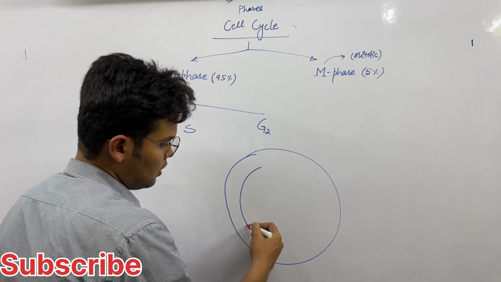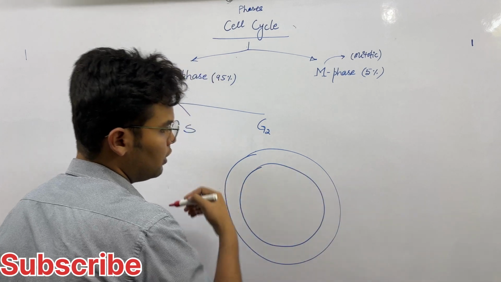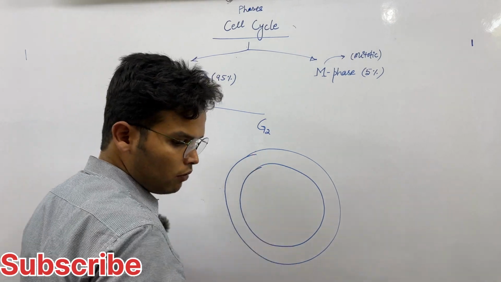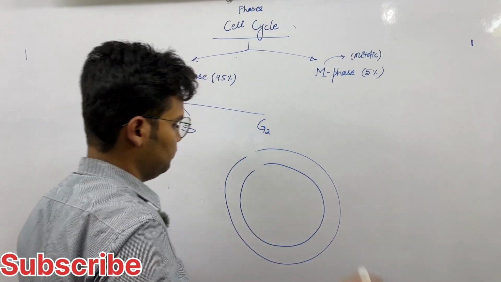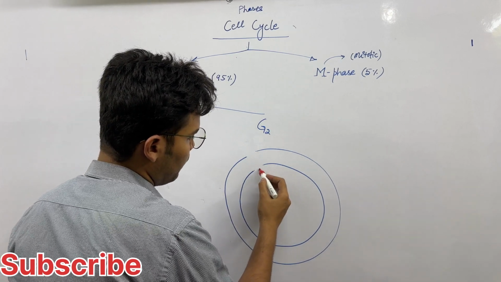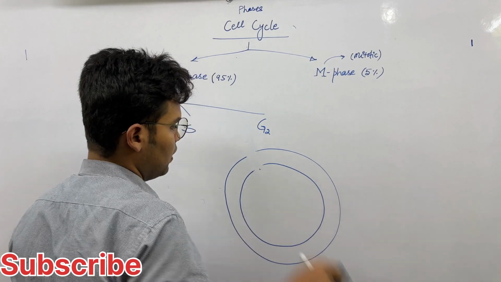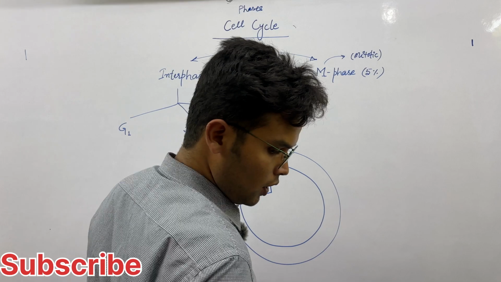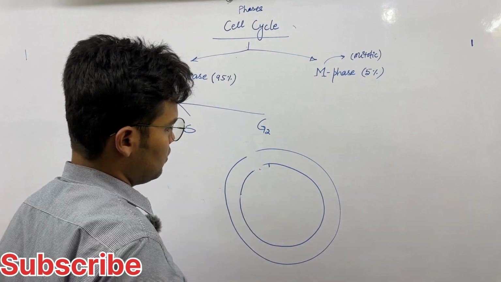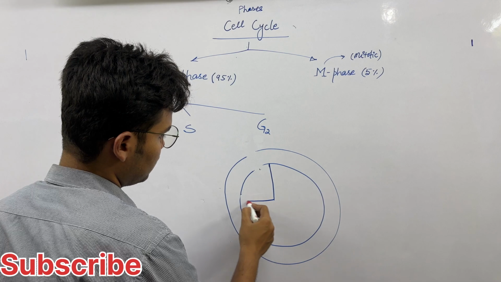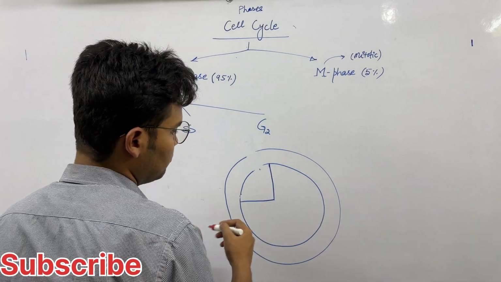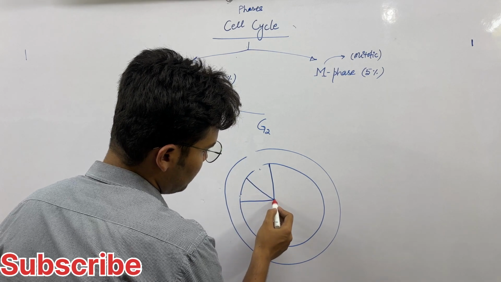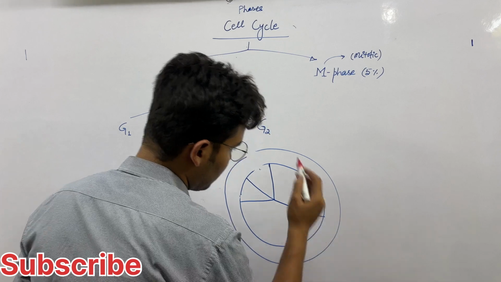Let's suppose this circle represents the cell cycle, and I am going to divide its parts like this: the quarter part of this circle is having one phase, and we have to divide this like this.